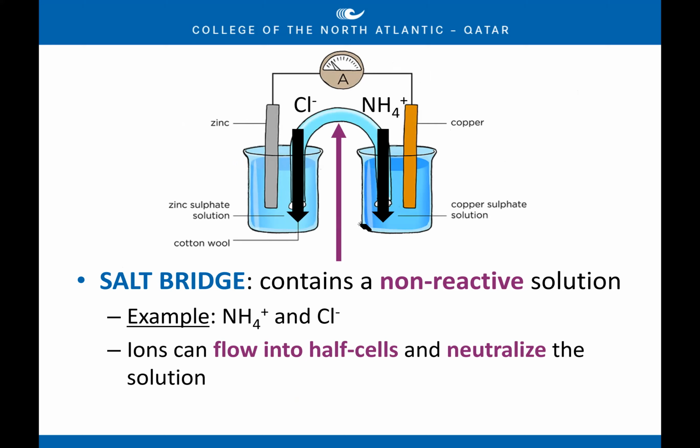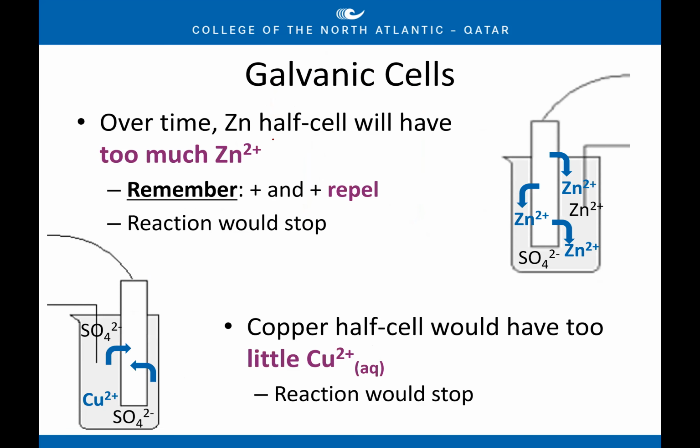What it does is it completes the circuit for this. I don't know how many of you are in physics, but if you've done any type of circuitry in physics, think about completing a circuit. You need to have a closed system, or a closed circuit. The salt bridge keeps the balance of ions. So let me go back and explain what I mean by that.